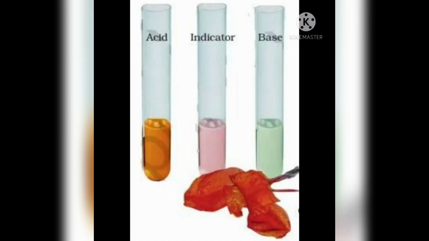Lastly, I have added turmeric solution to shampoo. Shampoo is a base, but it is also slightly acidic due to presence of citric acid. China rose indicator is a natural indicator. It is prepared from the petals of China rose flower.